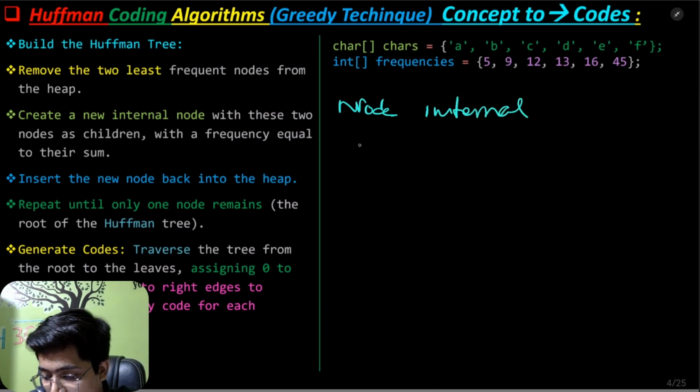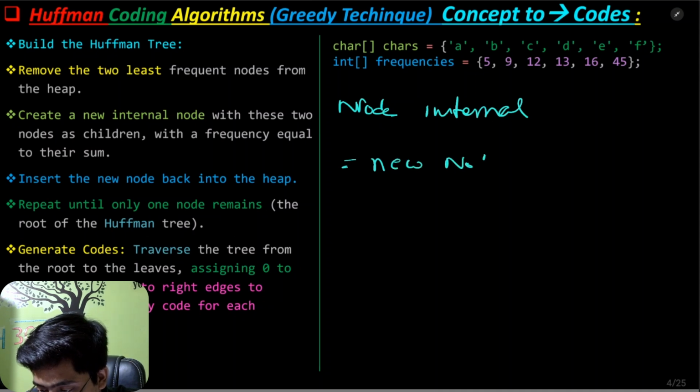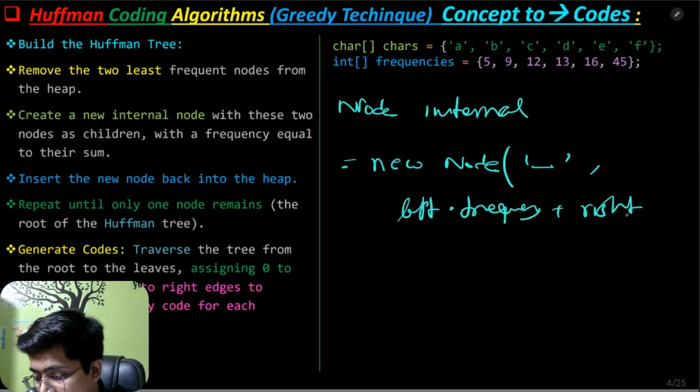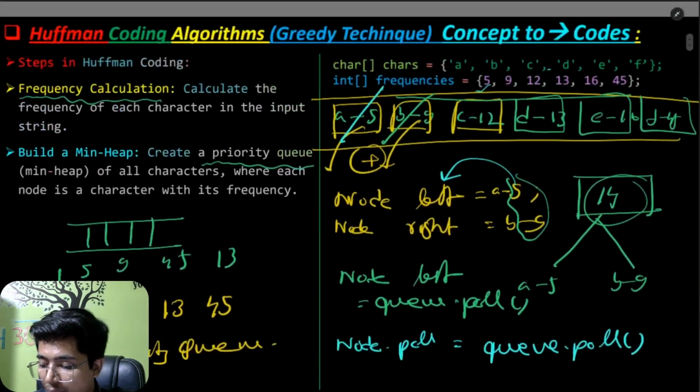We create a new node, and in the new node we express the character portion, and we add the frequencies, that is left dot frequency plus right dot frequency. So this is the entire thing that occurs here.